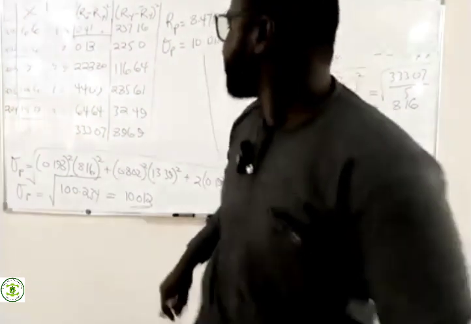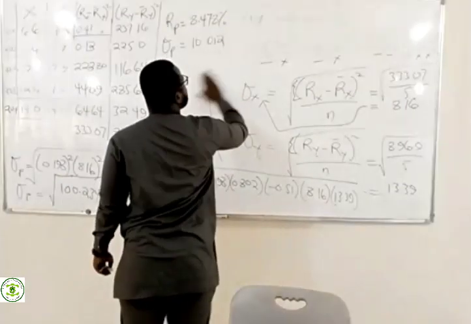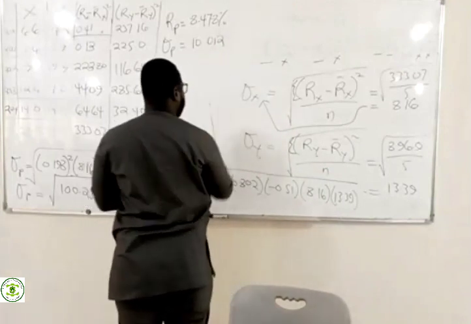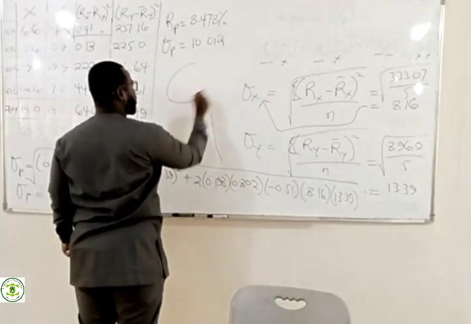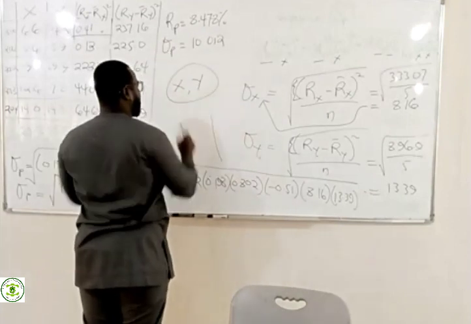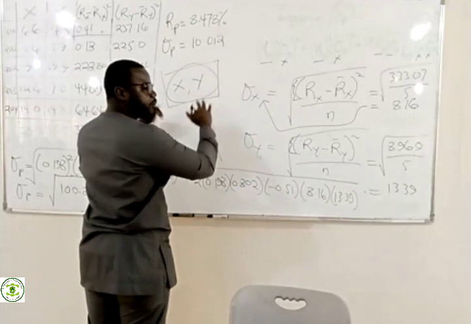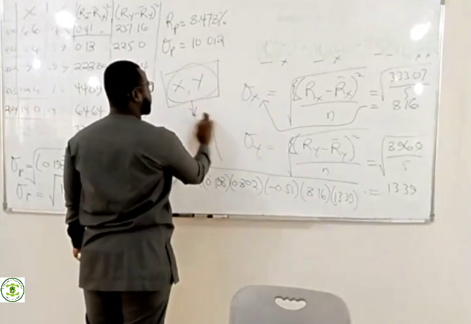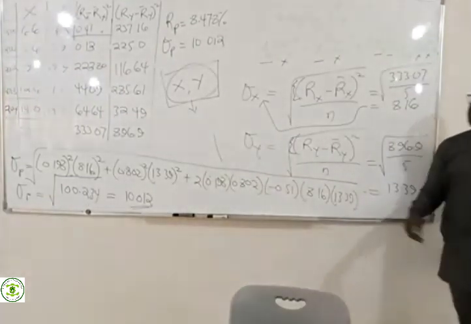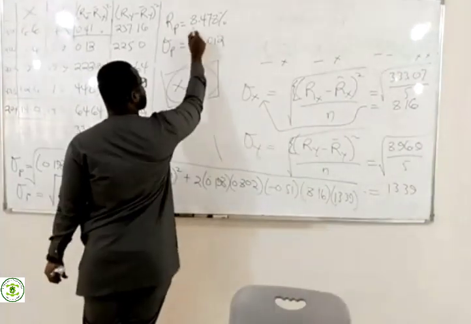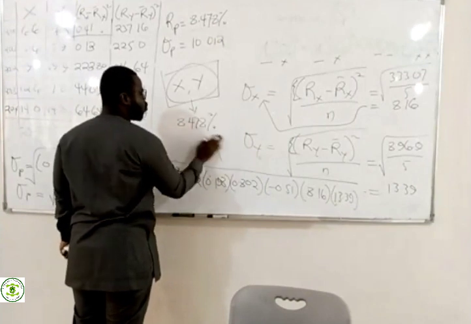So in this case, remember, we are now looking at the overall portfolio, a basket of what? Assets, Y and X. So that basket of assets will yield a return on assets, ROA, of 8.478% to the investor.